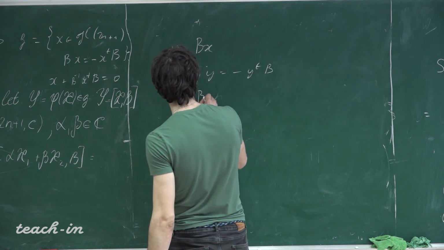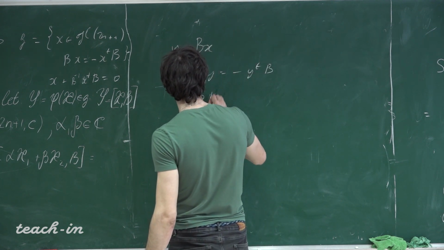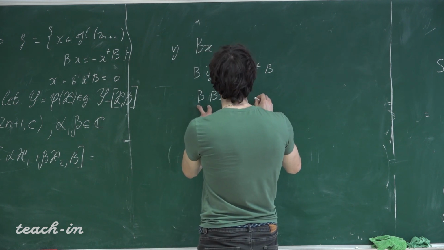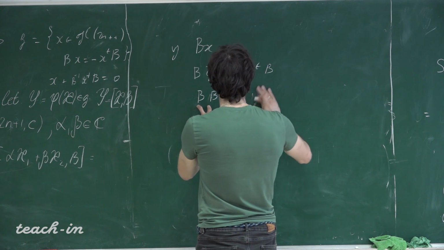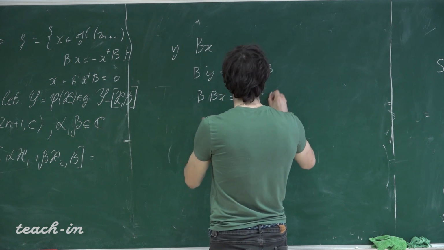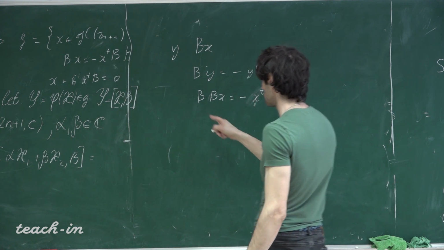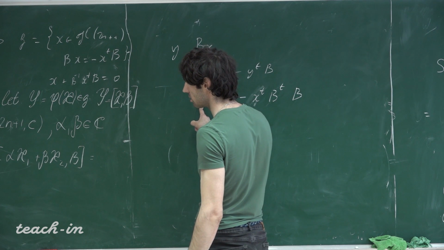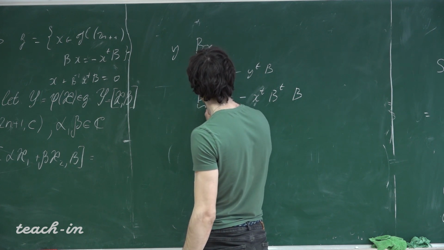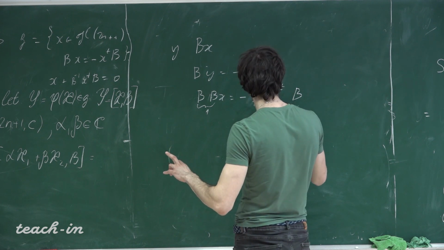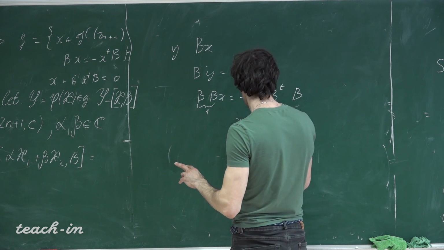So bx is negative x transposed b transposed b, right? So b times b is 1, so this is 1. B transposed is b again, so this is also 1. So x equals negative x transpose.